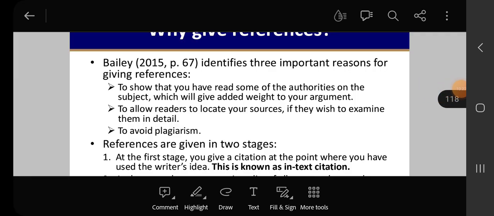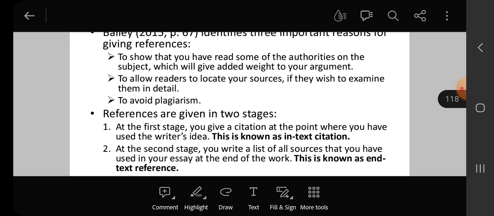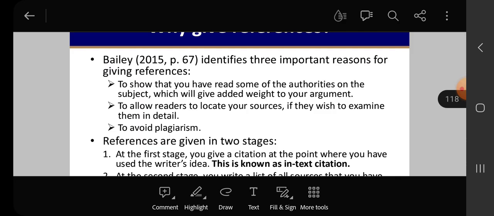Writing without referencing the person is very bad as an academic writing student. It's very bad to exhibit this kind of behavior. It's not good for you. So you must always learn to reference people or give credit to people for their work.